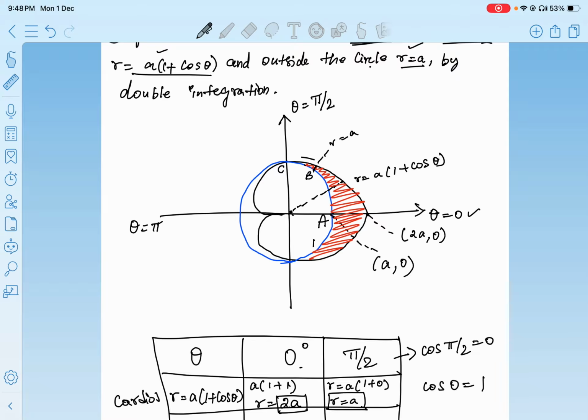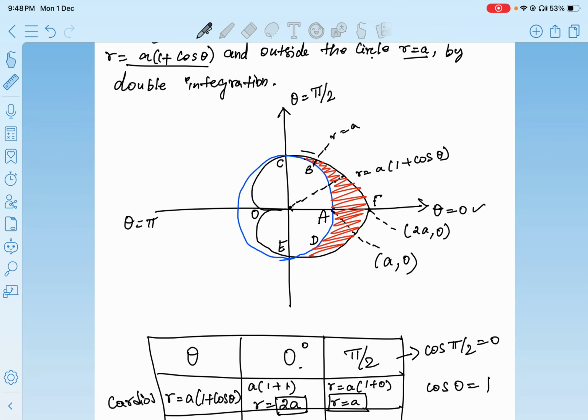This region is going to be your D, E. This is, as usual, O, E. This point is F, this is G, and this one is H. You can mark anywhere you want, but you should be clear about the marking.